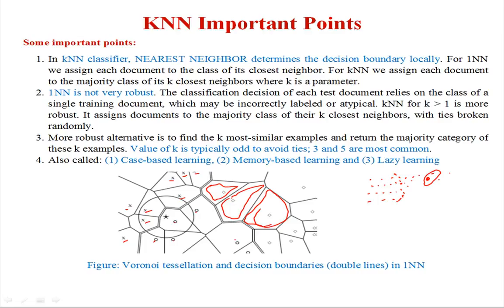Suppose another point comes which again is nearest in distance to this noisy point, then again it will create a wrong classification. But if we increase the number of nearest neighbors, then we can reduce this situation. For example, in this case, if we use 5 or 6, then it may cover more information. Then we can put this into the right class.